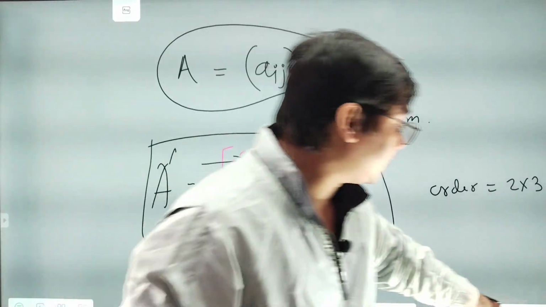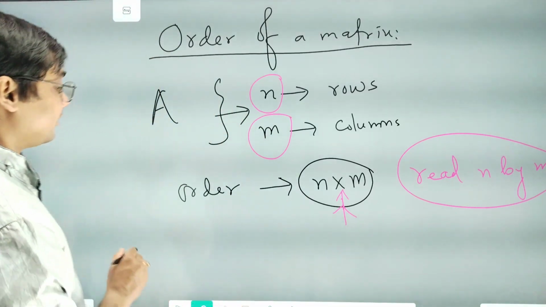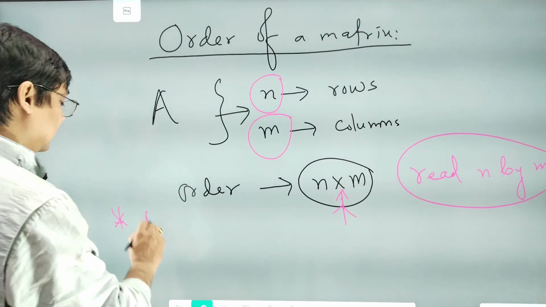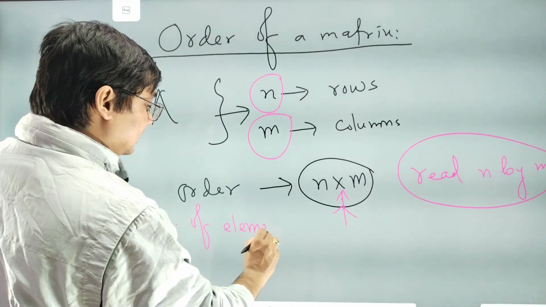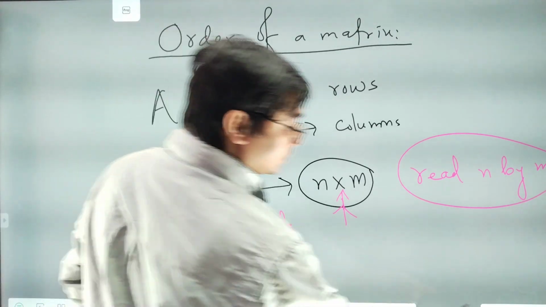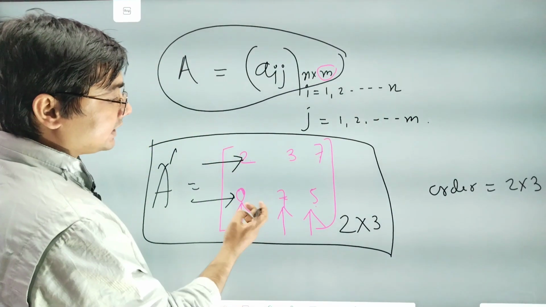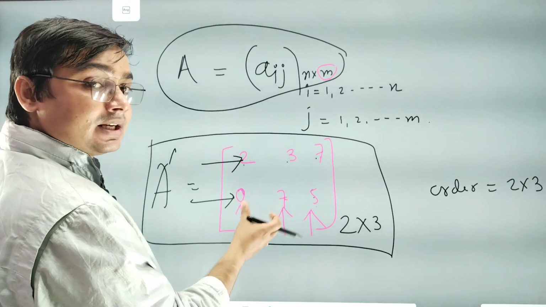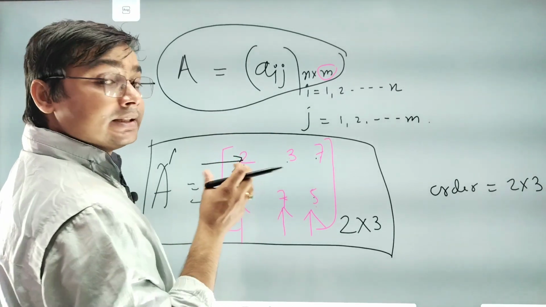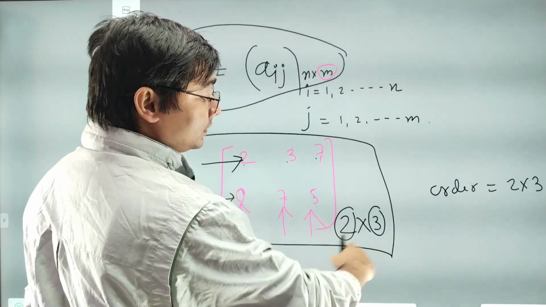Again, you see another note: number of elements. For this example, how many elements are there? 1, 2, 3, 4, 5, 6. There are 6 elements, and this number we can easily find by multiplying these 2 numbers.